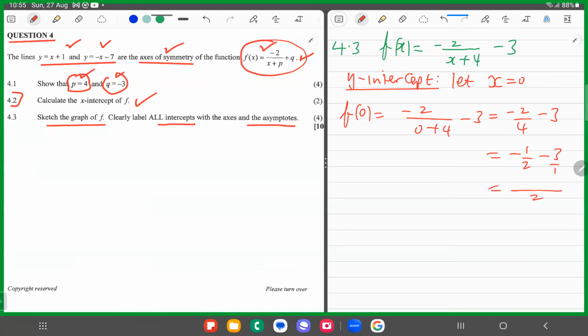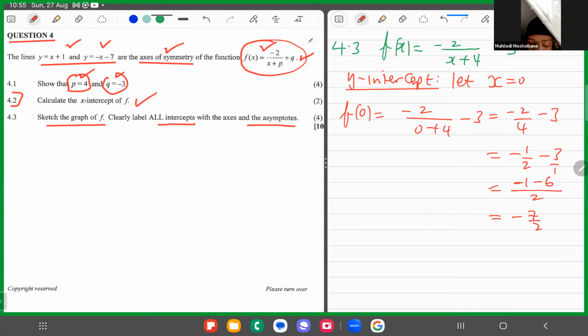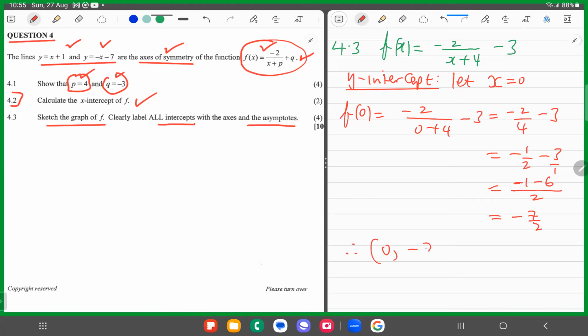Minus 1 over 2 minus 3 over 1: 2 divided by 2 is 1, by minus 1 is minus 1; 2 divided by 1 is 2, by 3, 6. This gives us exactly minus 7 over 2. So the y is minus 7 over 2, and that is exactly what we get.